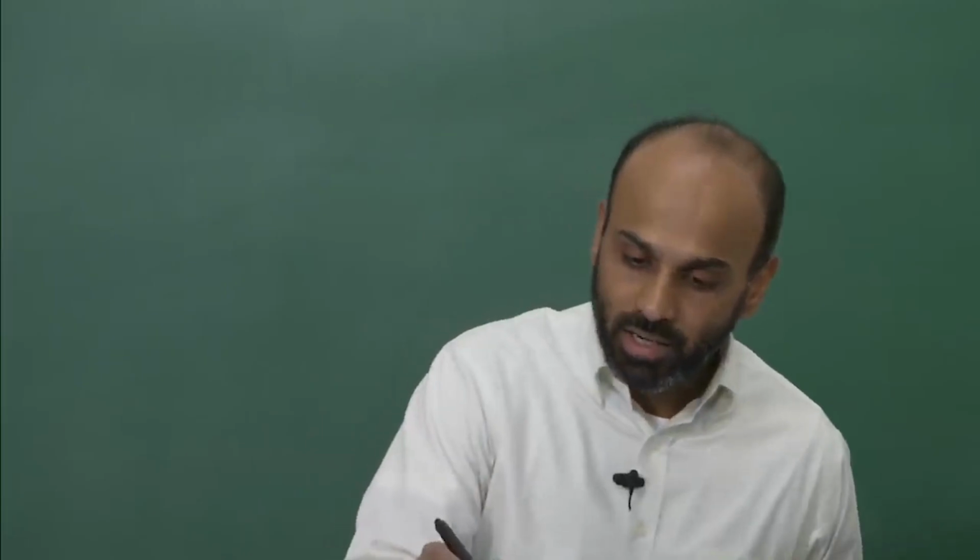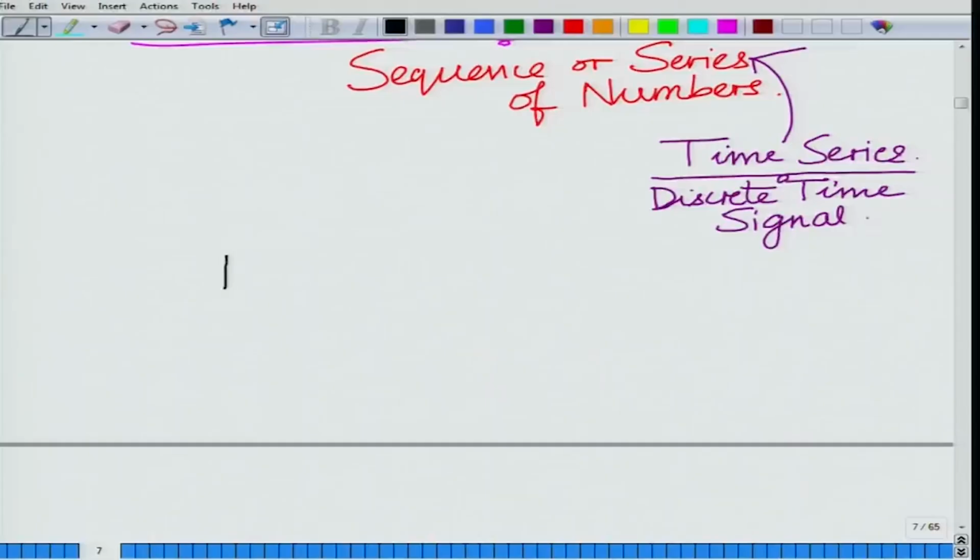So, I can go from a continuous time signal to a discrete time signal, and also, although it might not be extremely clear at this point, I can obtain a continuous time signal from a discrete time signal through a suitable filtering operation. All right. But to start with, a discrete time signal can be obtained by sampling.